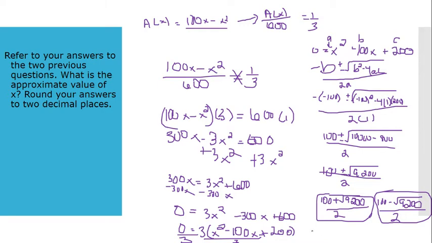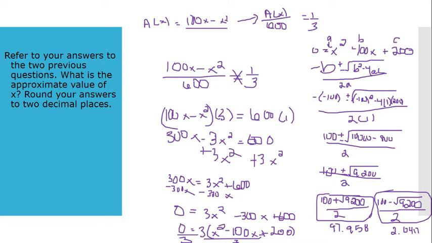So when I do the calculation, I end up with 97.958 here and 2.0417. Now I want to round it to 2 decimal places.